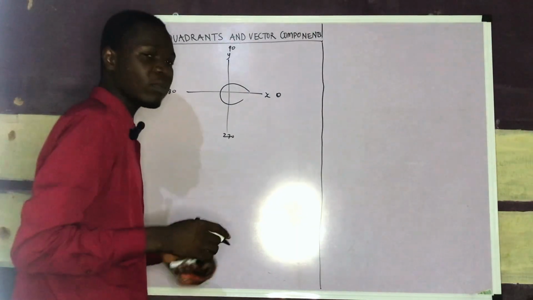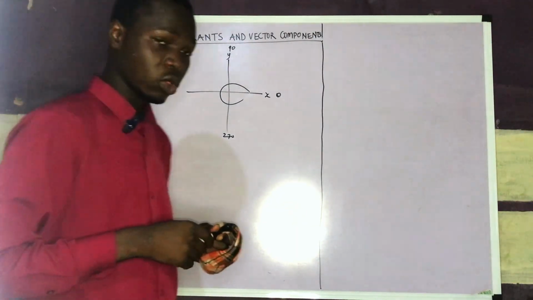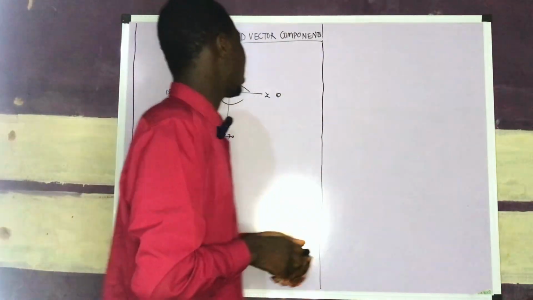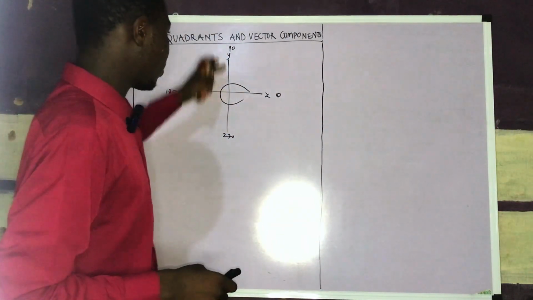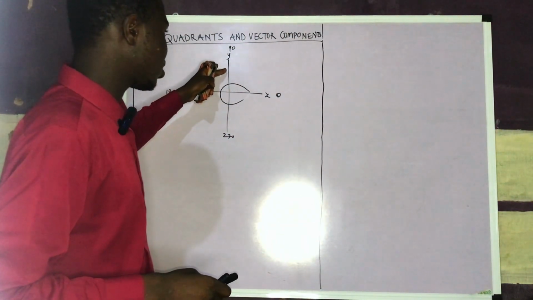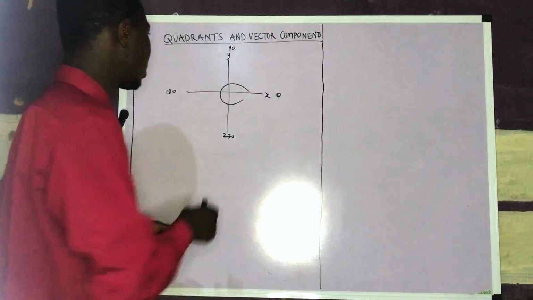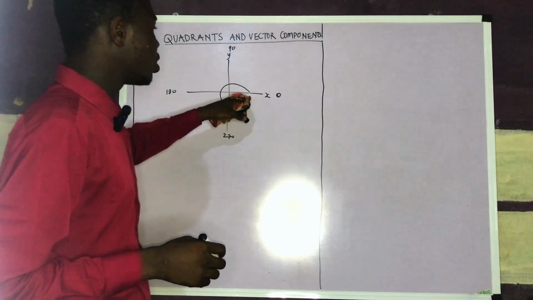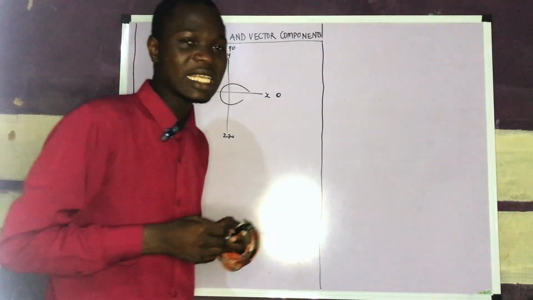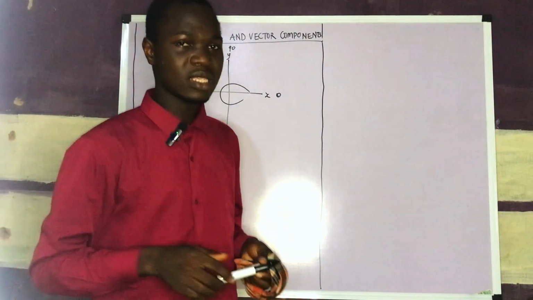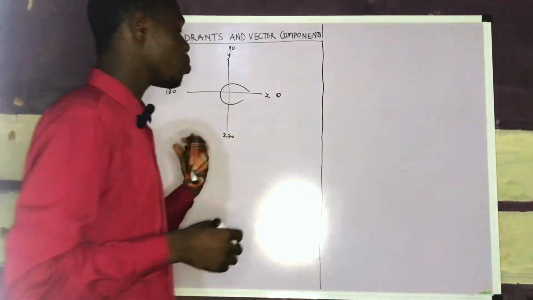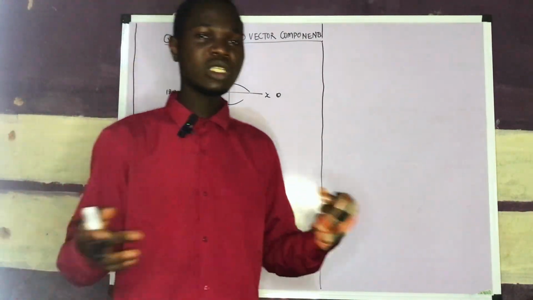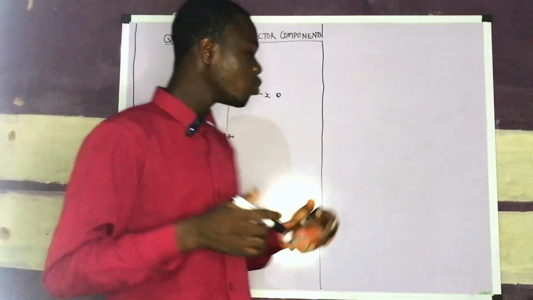That's how we measure in vector quantity. But in bearing, in maths, they always measure from the positive y-axis clockwise. But in vector quantity, we measure from the positive x-axis anti-clockwise. That's how we measure a vector and know the direction in which different vectors move.